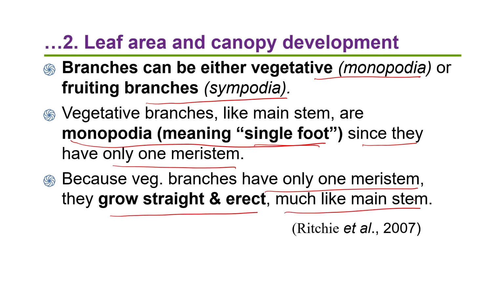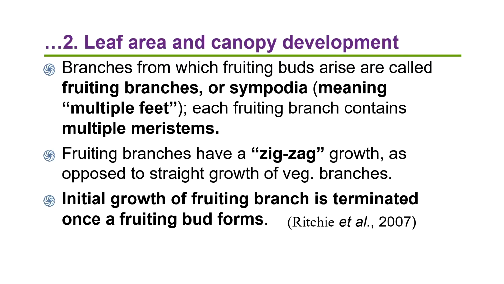So one can easily distinguish between the fruiting branches and vegetative branches. So branches from which fruiting buds arise are called fruiting branches or sympodial, meaning multiple feet. Each fruiting branch contains multiple meristems. So you can have smaller branching in these.